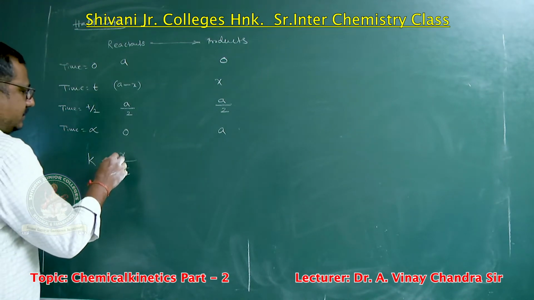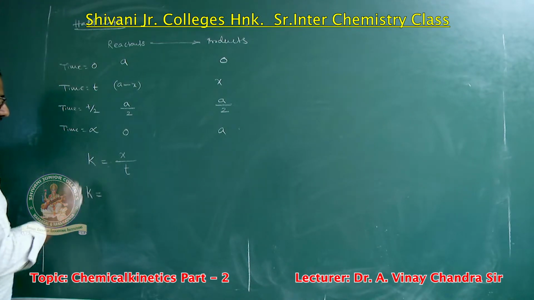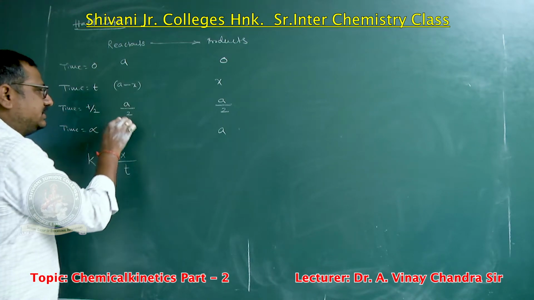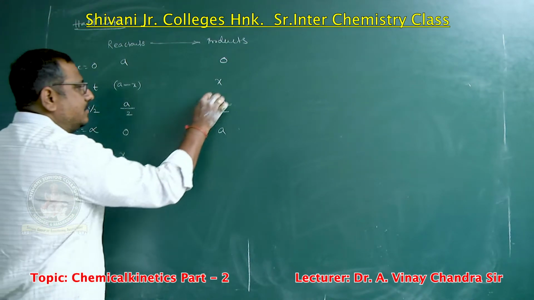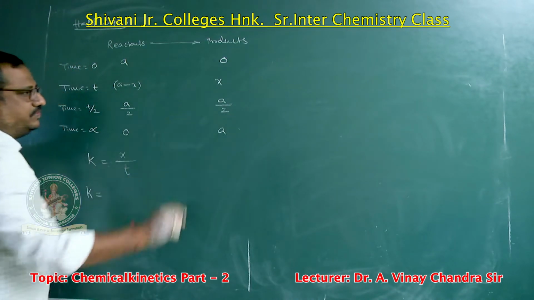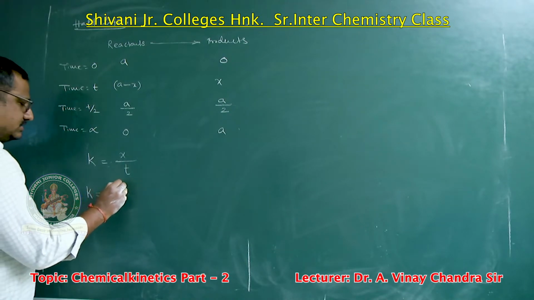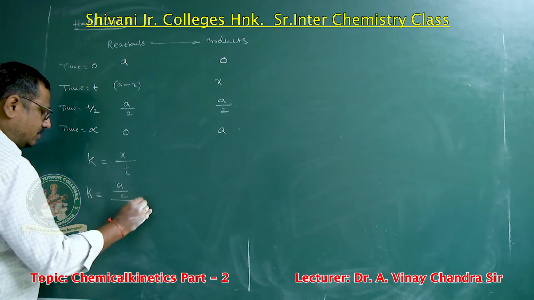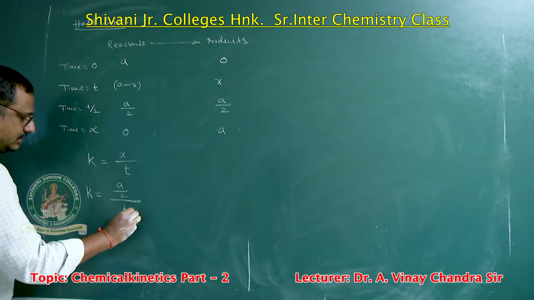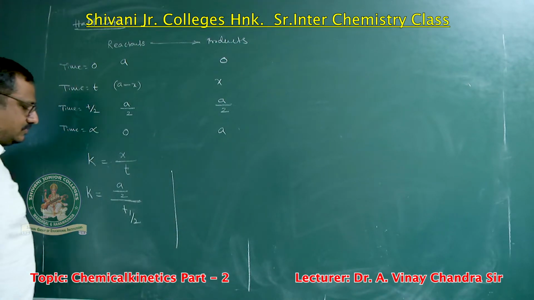At half of the time, X is A by 2: half the material is reactant and half is product. In that half-life condition, K is equal to A by 2 divided by T half. Now we have to observe the rearranged K.